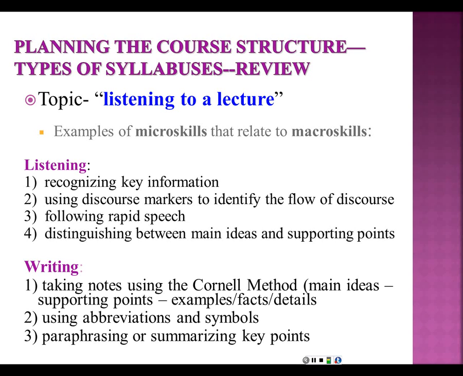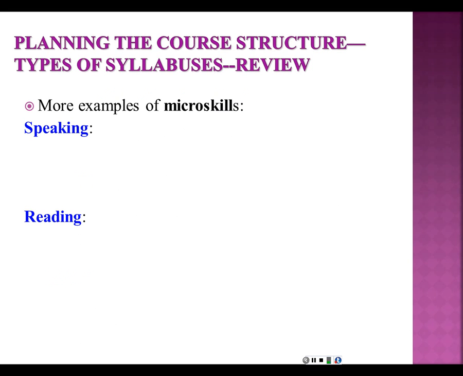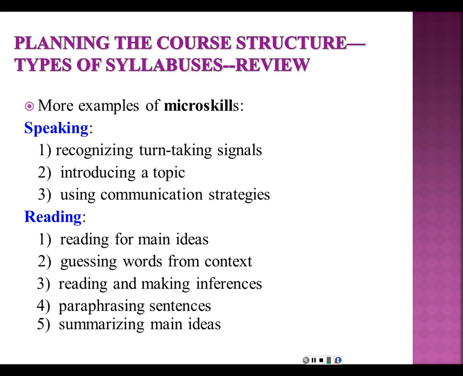Students need to be able to use abbreviations and symbols, and very importantly, paraphrase or summarize key points. And you may review these micro skills in speaking and reading on your own. I'm going to move on.